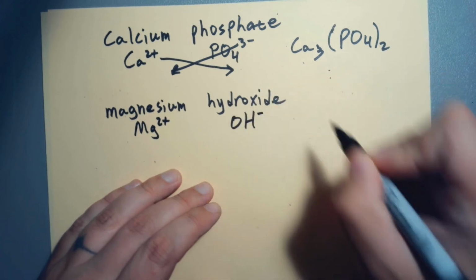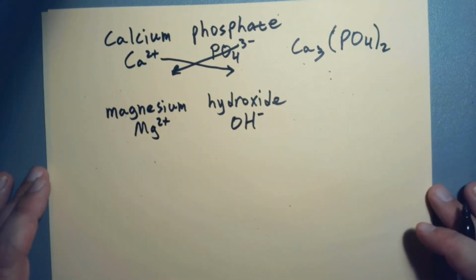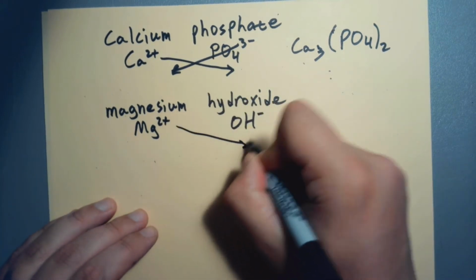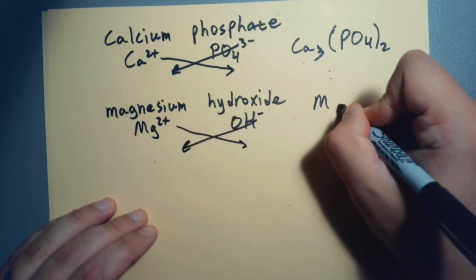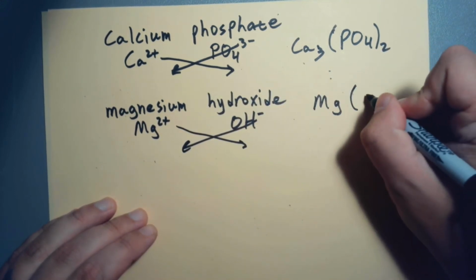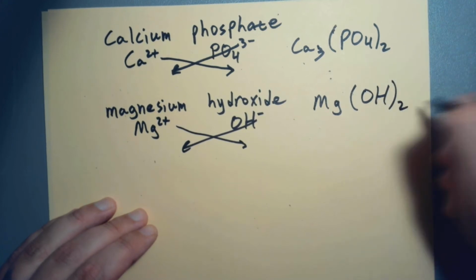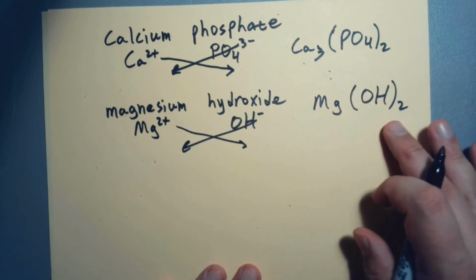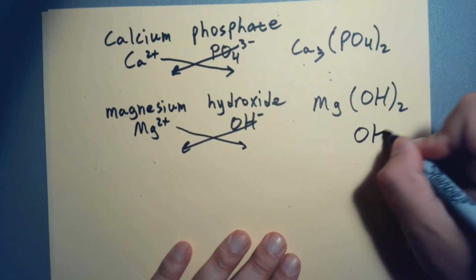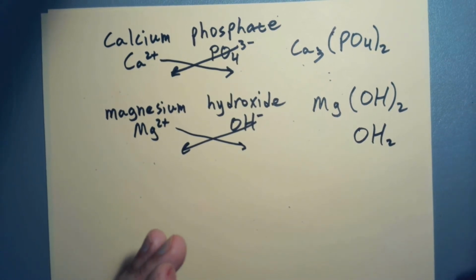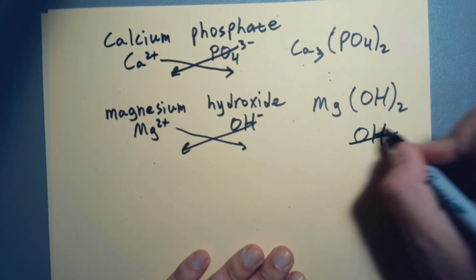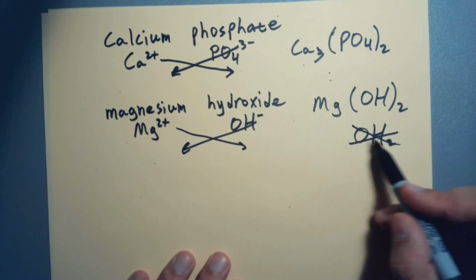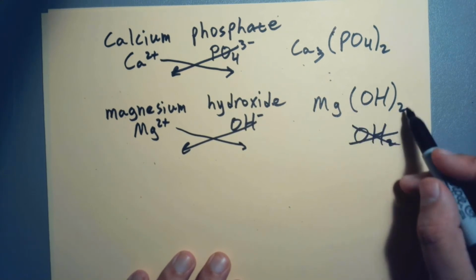Hydroxide, as you've already memorized, clearly, it's been 9 minutes, is OH-. Alright, do the switch. We get 1 Mg and 2 OHs. So for any polyatomic ion, whether or not there are any other subscripts in there, we do that. Because if we write this without parentheses, well, that kind of looks like water, right? So we don't want to do that. We do the parentheses. Because without them, it looks like there's 2 hydrogens and 1 oxygen. The parentheses show there's 2 of everything.